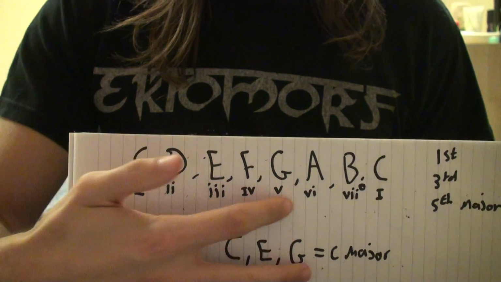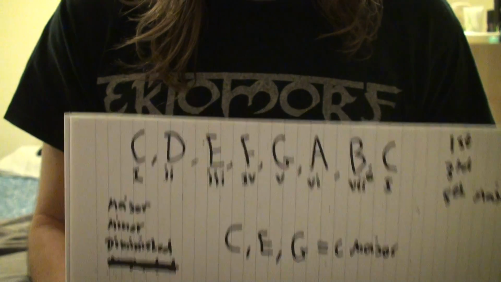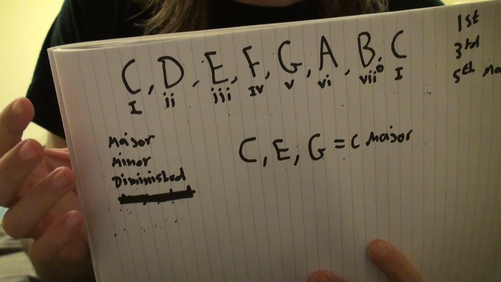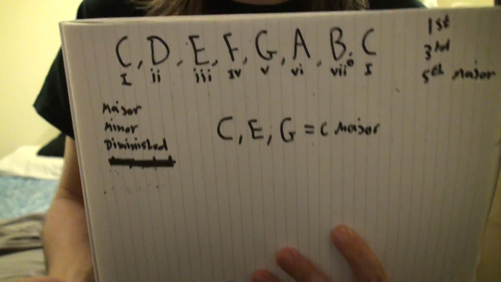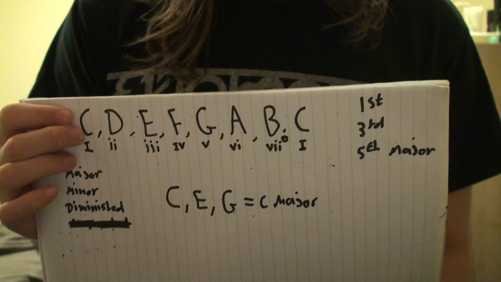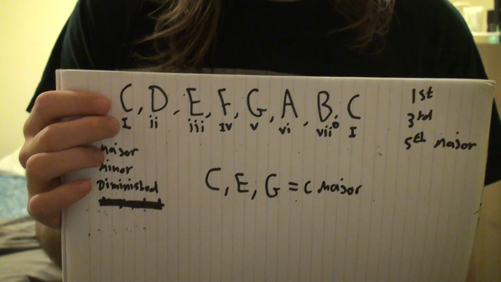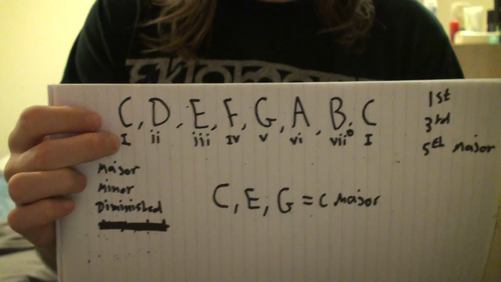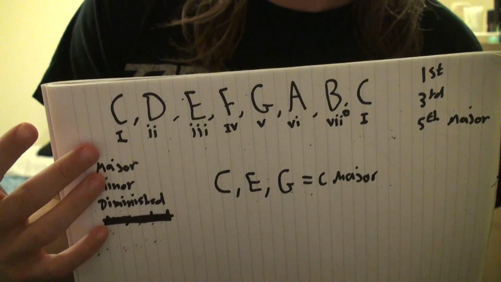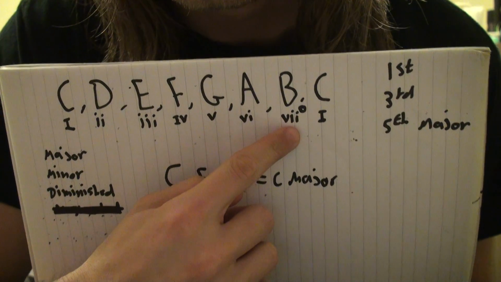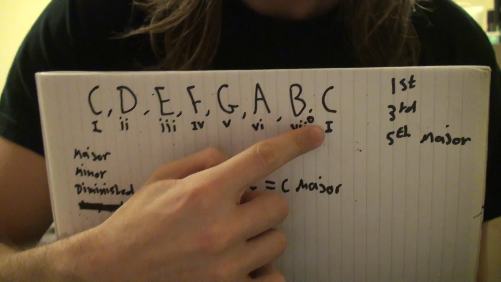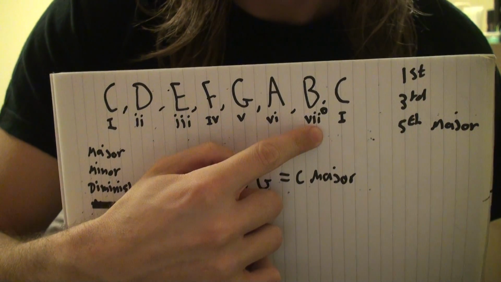Every single one of these notes will have some form of triad chord. In major and minor scales, like I said before, you have major, minor, and diminished triad chords. If you take the C note, it's capitalized, meaning it will be a major chord. That's how you know whether a chord is major or minor. Over here, it has a little circle by it, like a little degree symbol, which means it's a diminished chord.